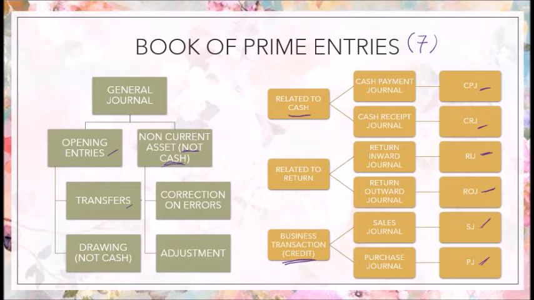Drawings not made by cash will go here. The adjustments and corrections of errors as well. Any transaction that cannot be specified into those 6 journals will go into the general journal, the GJ. Understand? I will go into an example next.